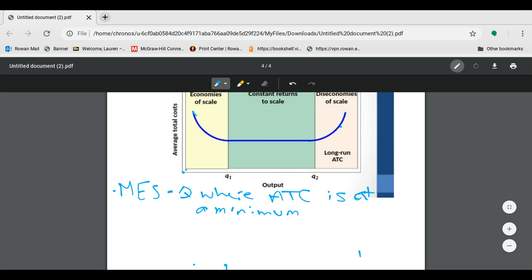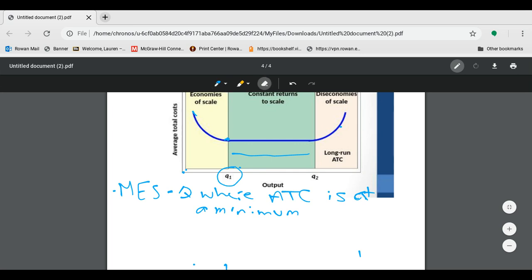For our example here, we have this large flat part, and that's the lowest that average total cost is overall. But we'd always use where the first point is, where that minimum starts. So we would say Q1 here is our MES.